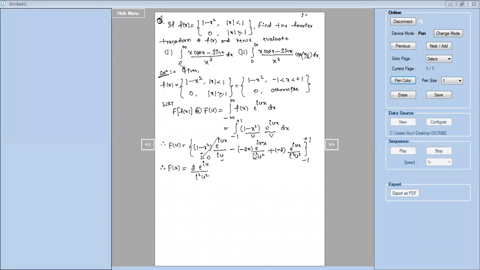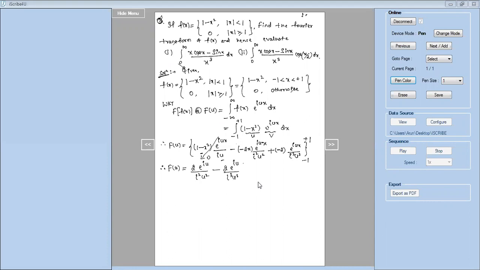Correct? Just put x is equal to 1 in this. Then this plus into minus, this term minus 2. Put x is equal to 1 here, so it becomes e power iu into x is 1, by i cube u cube, 2 e power iu divided by i cube u cube.